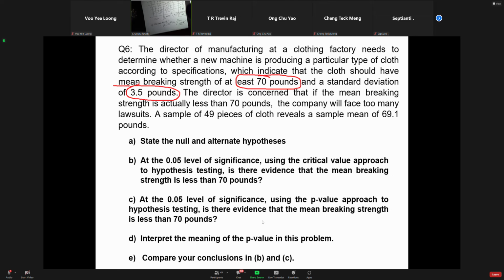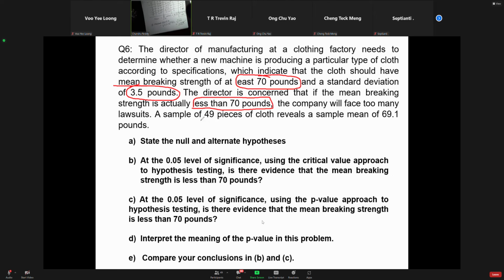So the mean is given as 70 pounds and the standard deviation is 3.5 pounds. Now the director is concerned that if the mean breaking strength is actually less than 70 pounds, the company will face too many lawsuits.